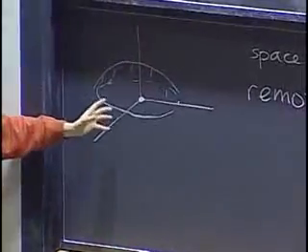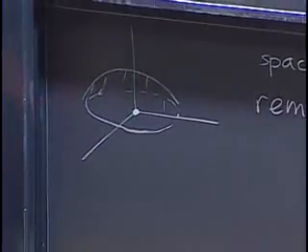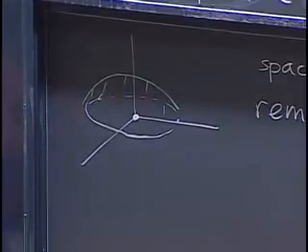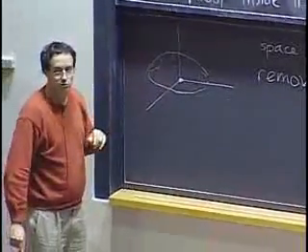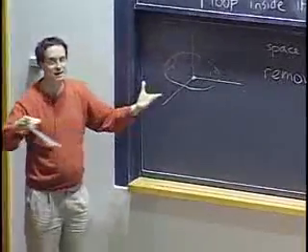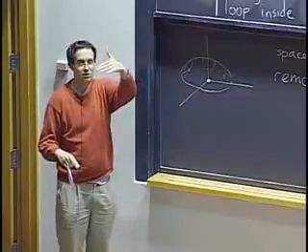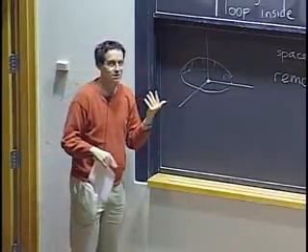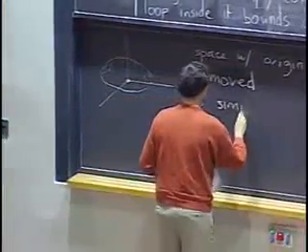Similarly, if I take any other loop that avoids the origin, I can find a surface bounded by it that does not pass through the origin. That's a not so obvious theorem to prove, but intuitively, start by finding any surface. If that surface passes through the origin, just wiggle it a little bit, you can make sure it doesn't pass through the origin anymore. Just push it a little bit. So in fact, this is simply connected. That was a trick question.